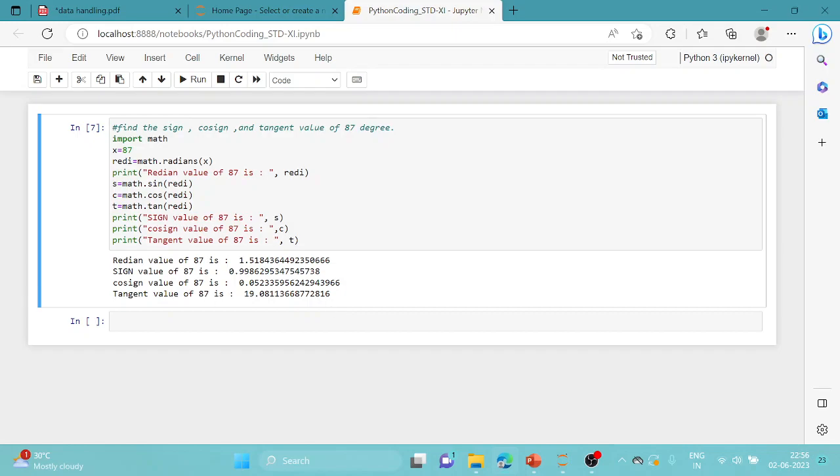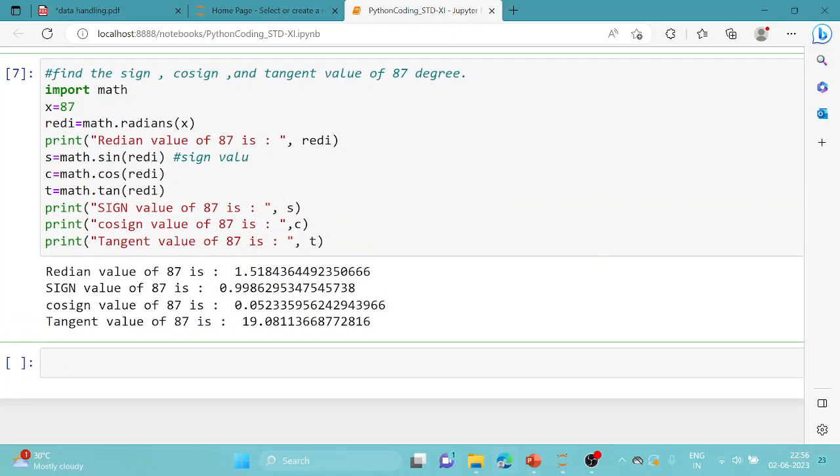Look at the syntax over here: this is for the sine value, next is for the cosine value, math.cos, and math.tan is for the tangent value. This way we can use these functions to get the values.